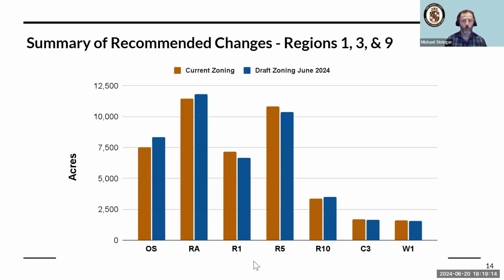So that increases the amount of OS zoning. R1 and R5 don't change much. They decrease a little bit, which could be from property alignments or from shifting between the densities of those housing zones. And you can see in the commercial zones, there's very little change as well.